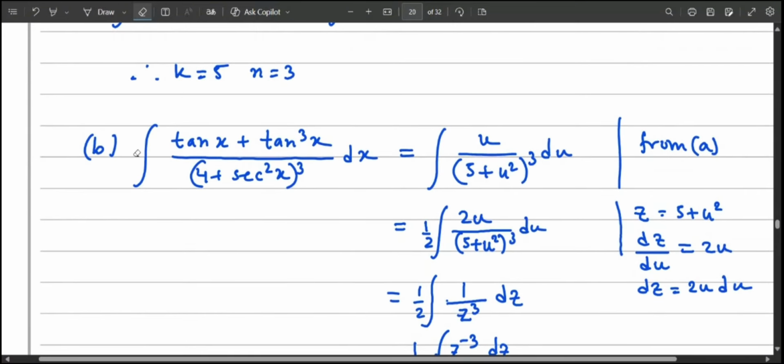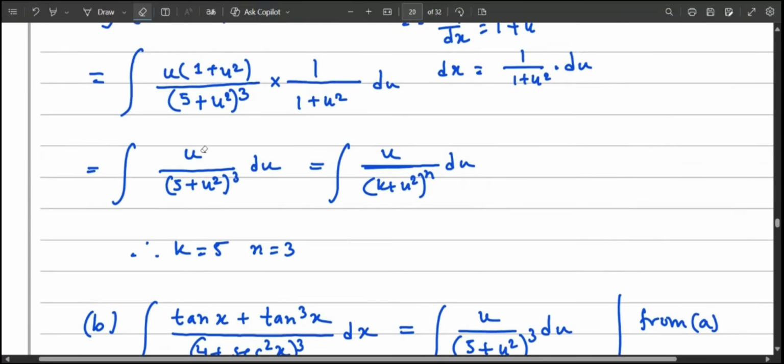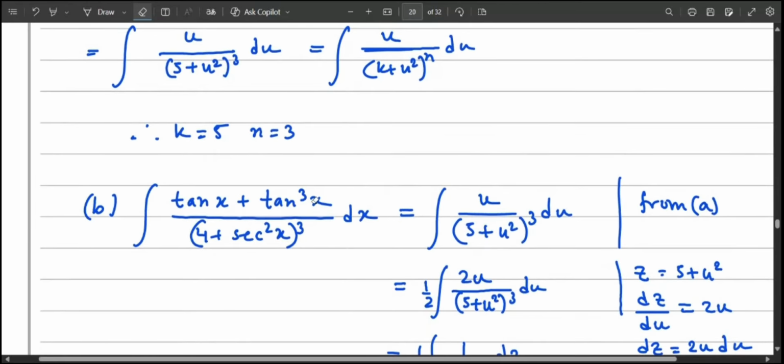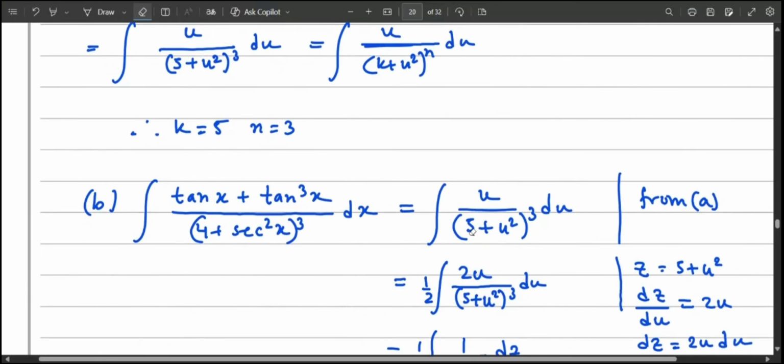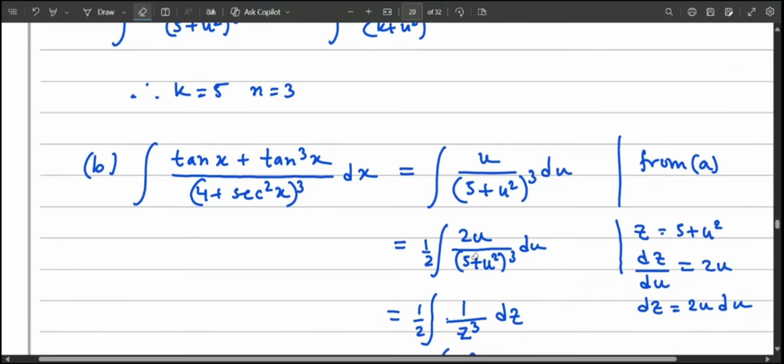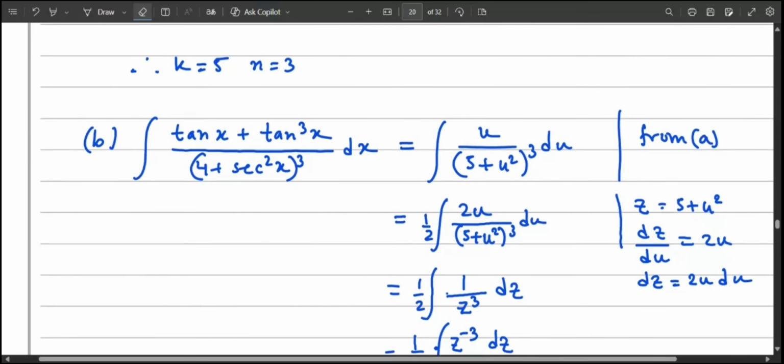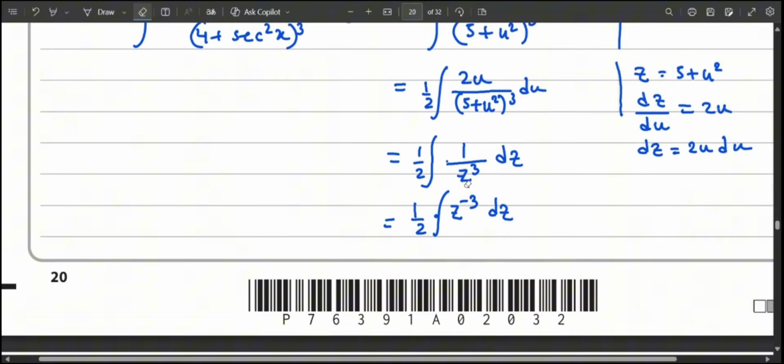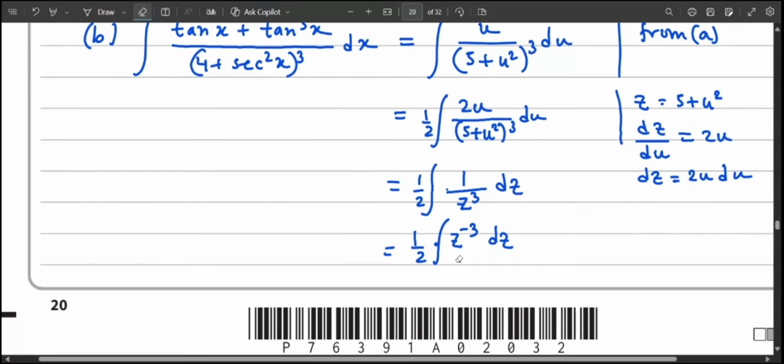For question number 7, at first we use the simplification from our part A, and then we use that simplification to further simplify, and then we use substitution to further simplify our simplified expression in order for us to easily calculate the integration.